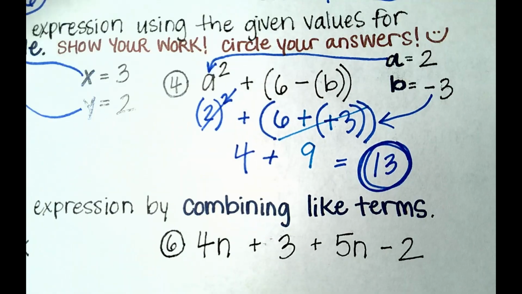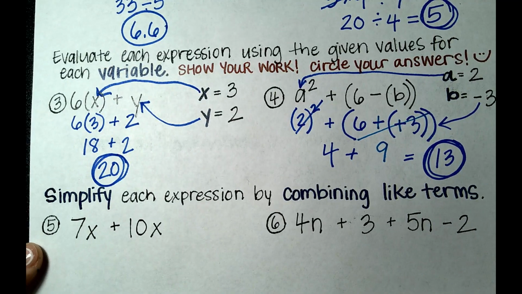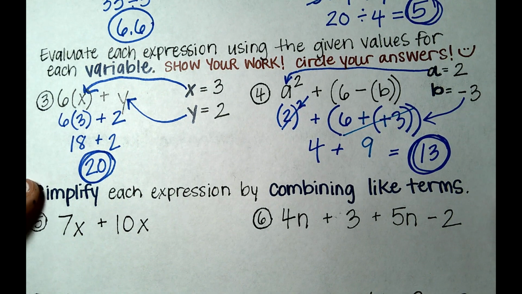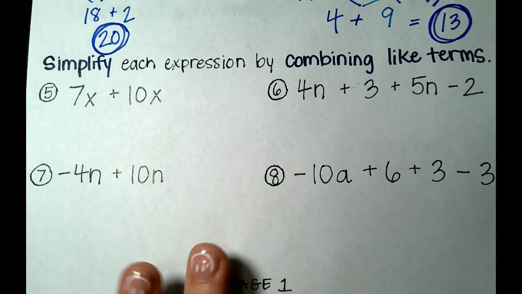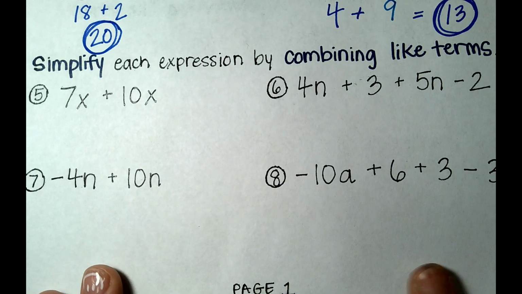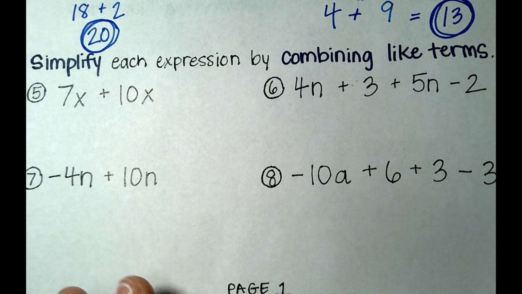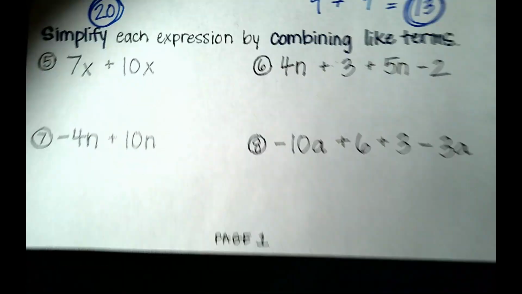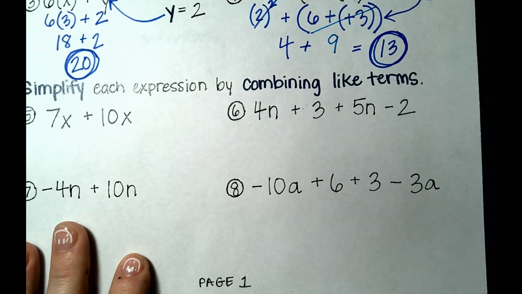Okay. Any questions about number 3 or 4, or anything previous? Can we go on to the last 4 on the front page? Okay, great. So numbers 5, 6, 7, and 8, we are combining like terms. Whenever we are combining like terms, all we're doing here is adding and subtracting, and that is it.